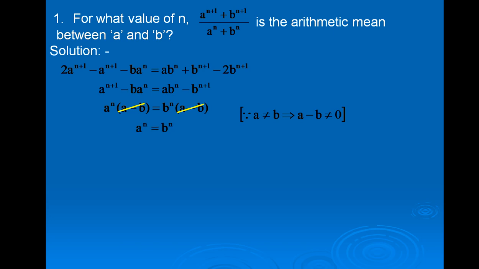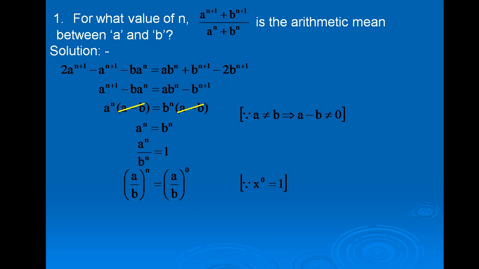So we get a^n equals b^n, or a^n / b^n equals 1, or (a/b)^n equals (a/b)^0, because anything to the power 0 is equal to 1, that is x^0 equals 1.